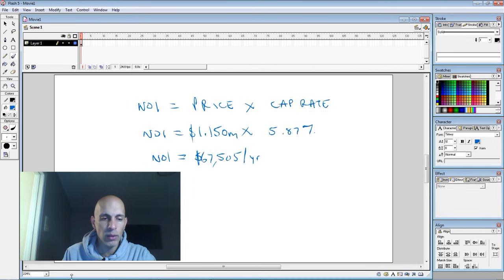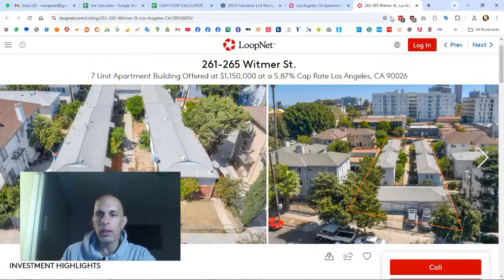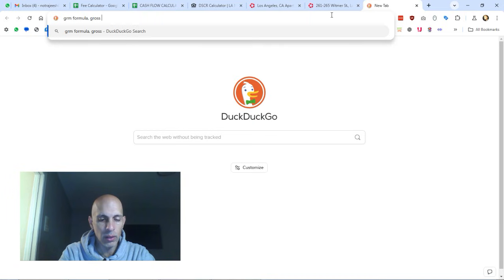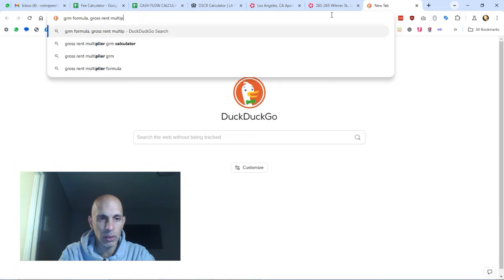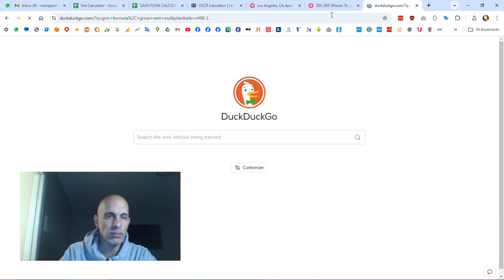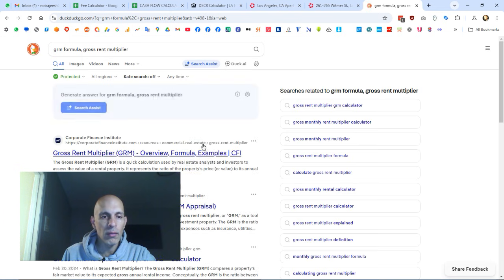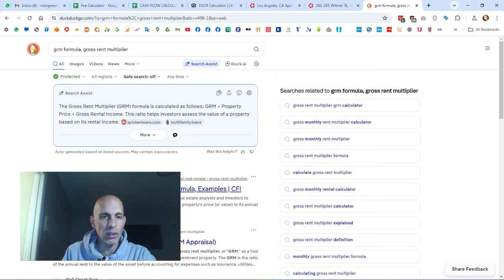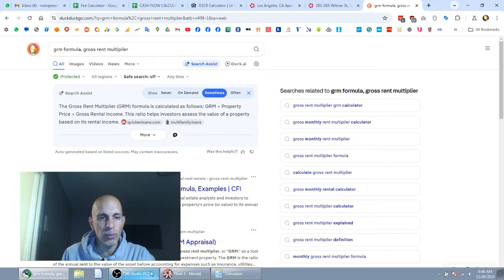So let's try the gross rent multiplier here, and the GRM formula. Let's see what DuckDuckGo's formula comes back. GRM is equal to price divided by gross rental income.